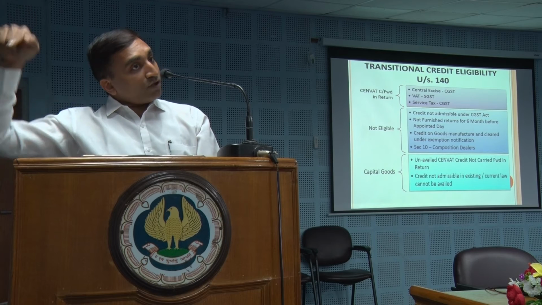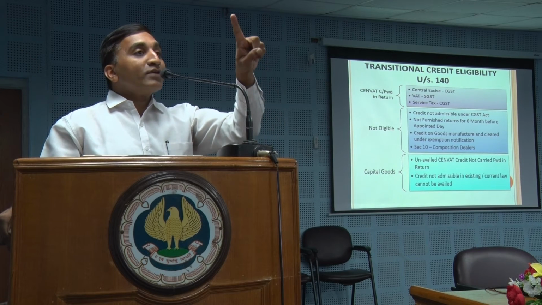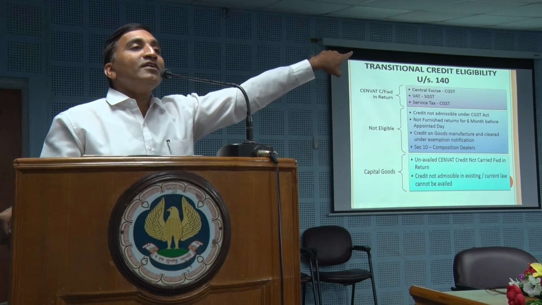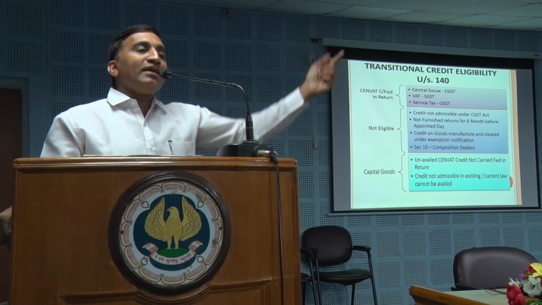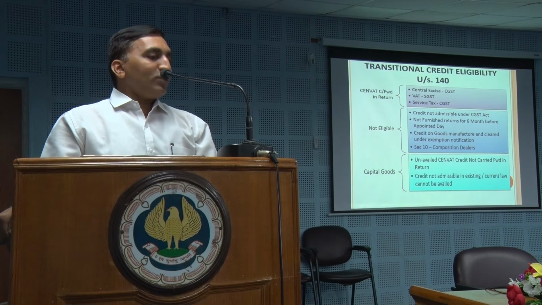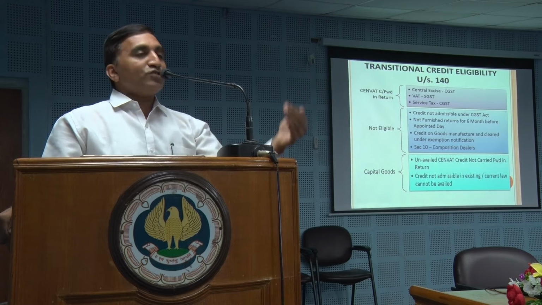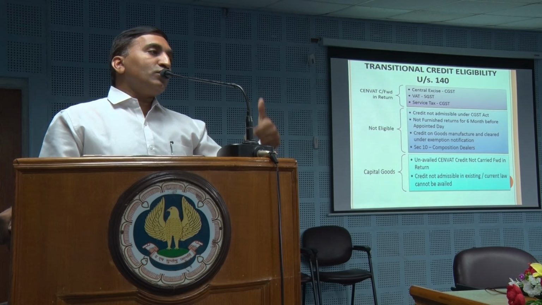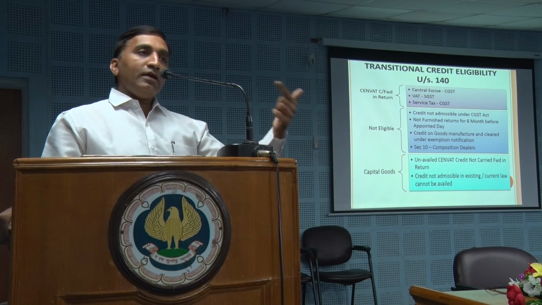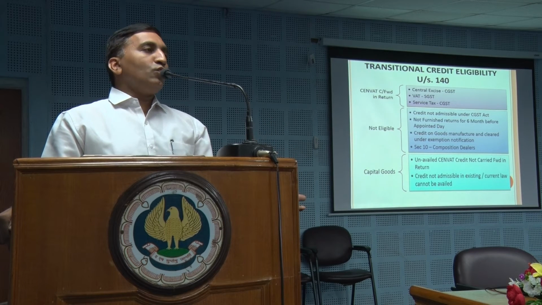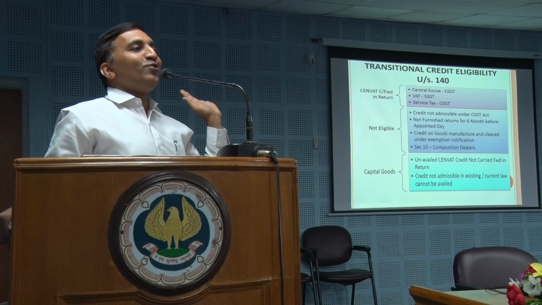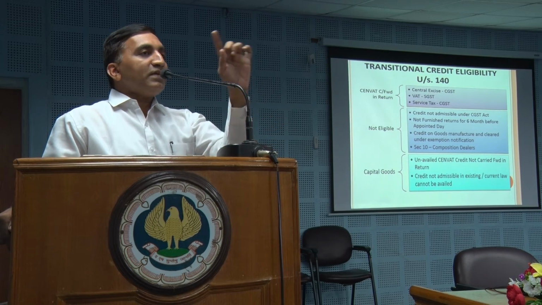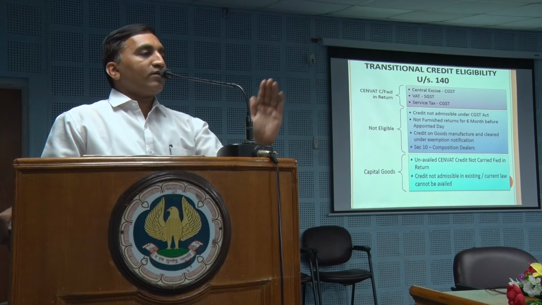For those C forms which are not received, you have to calculate the tax, reduce it from the VAT carry forward, and then only claim. So here please check whether C forms have been issued correctly or assessment has been done or not. If the value is mismatched, then you need to do a reversal and pay interest accordingly. If you do it, only interest. If they do it, interest plus penalty. So this C form part, please check for your clients whether they have done it correctly or not.